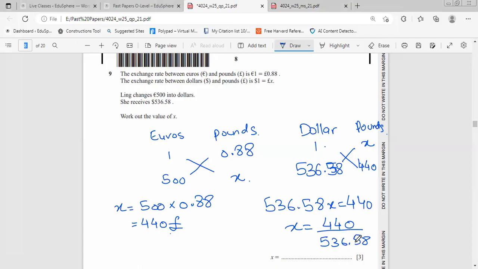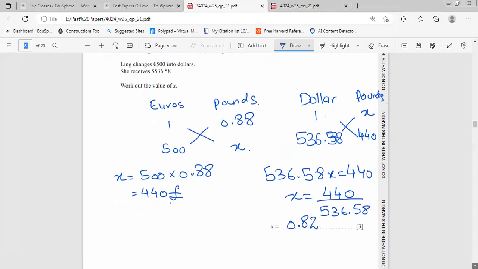So let me just divide it. 440 divided by 536.58, I get the value as 0.82000, but we are going to give the value to the second decimal place. So it will be 0.82, and this is the value of x, because we had to calculate into dollars. Yes, so this is the answer for this question.